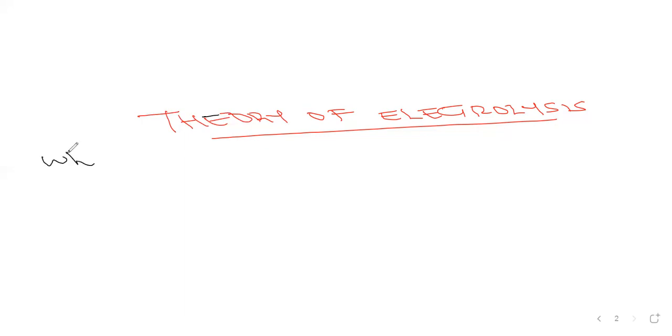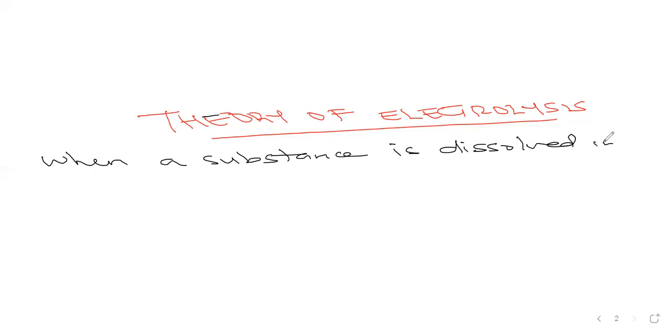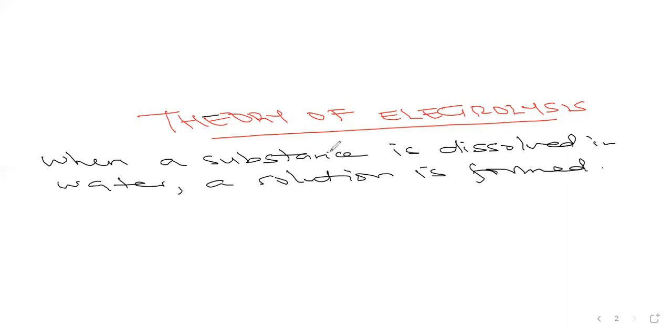So what usually happens is that we dissolve a substance in water. Which substance is the electrolyte? So when a substance is dissolved in water, a solution is formed. That is only if this substance is miscible with water.